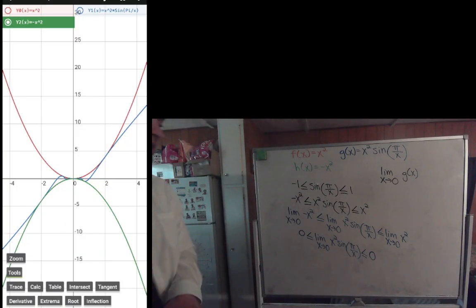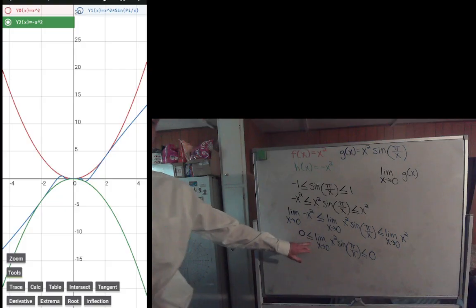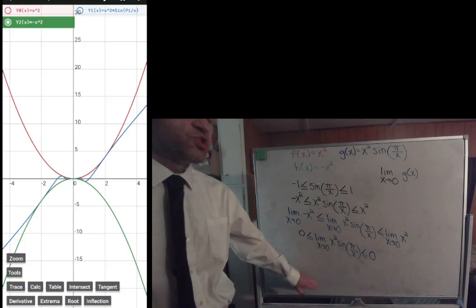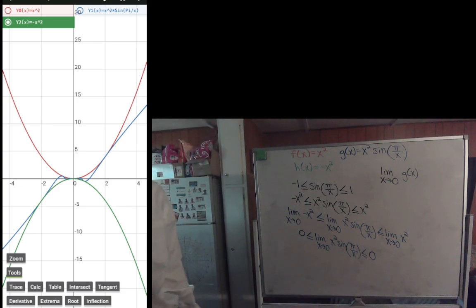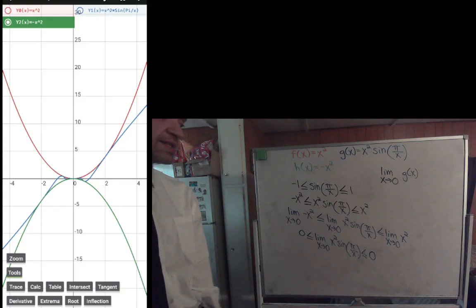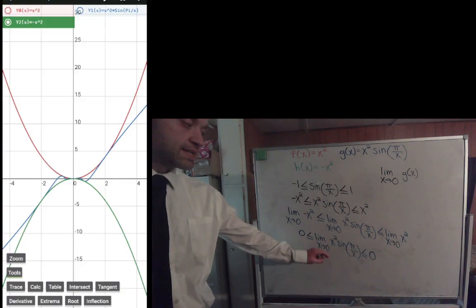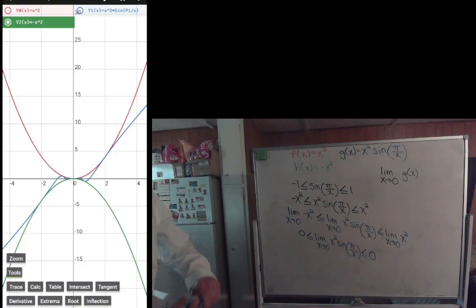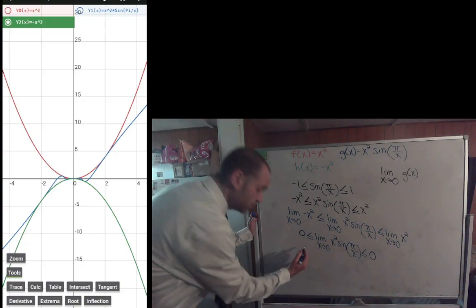Well, hang on a minute here. If you have 0 less than or equal to this middle piece, which is also less than or equal to 0, the only logical conclusion we can come up with then is that this middle piece, as x approaches 0, is also 0 itself.